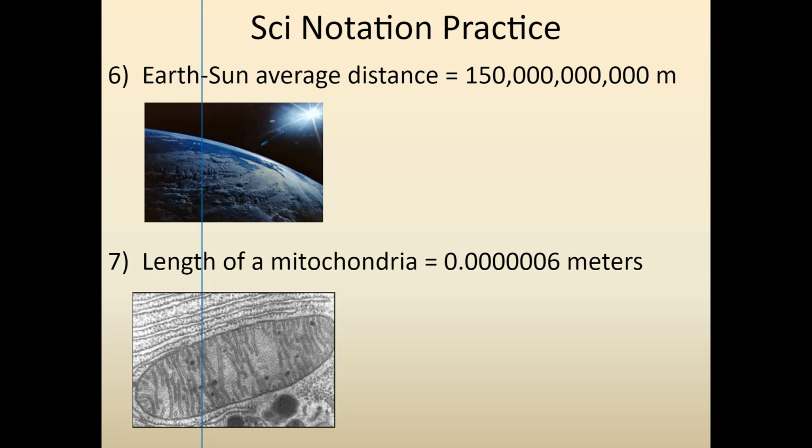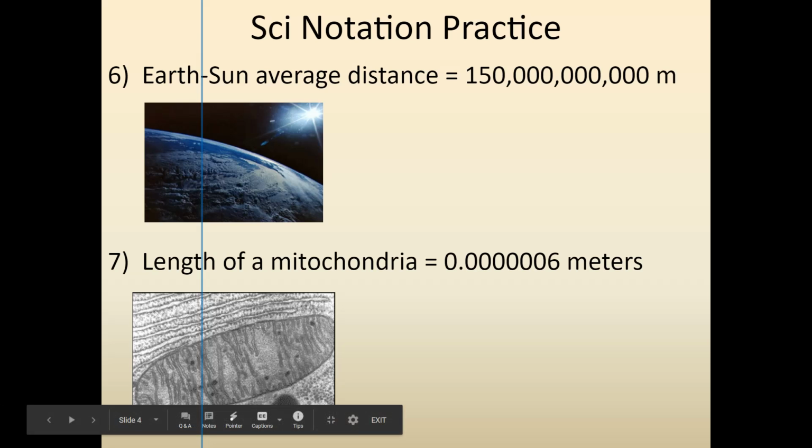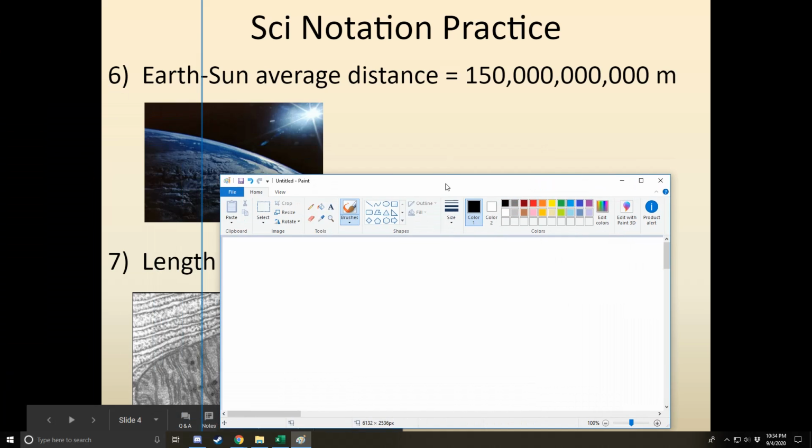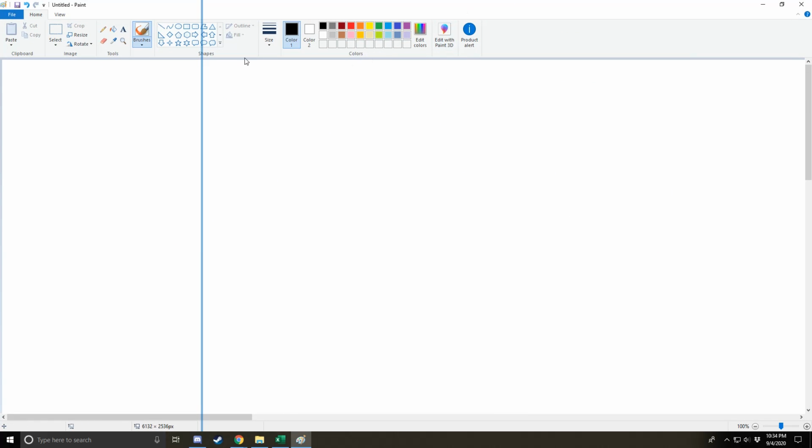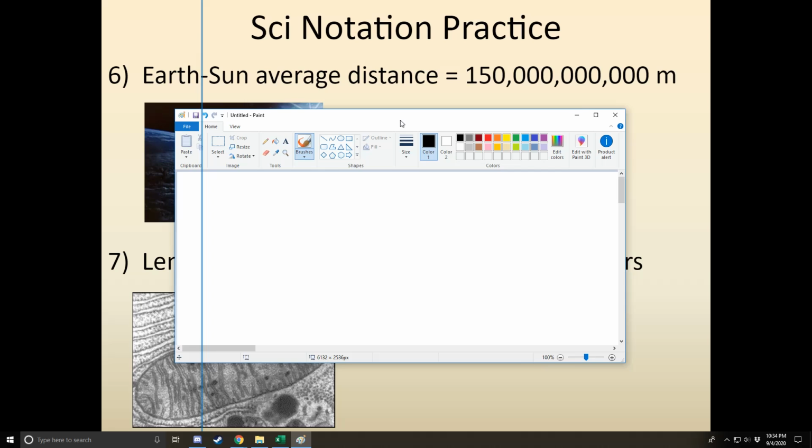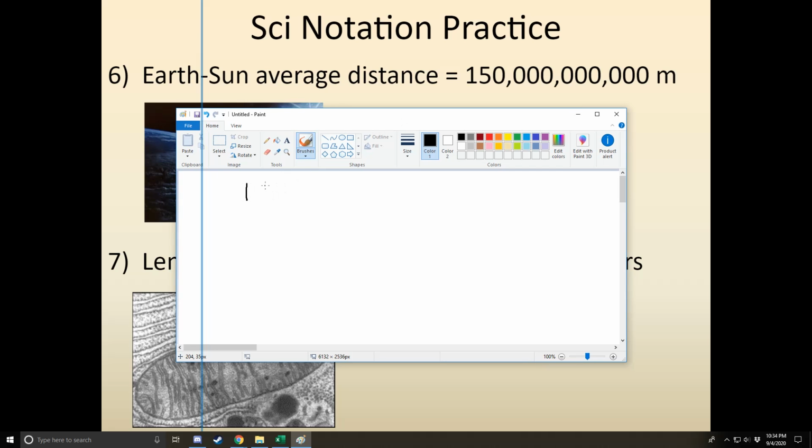Okay, so what we're going to do, I'm just going to pull up Paint real quick. This is the only way that I can actually write stuff. So our first number was 150,000,000 meters.